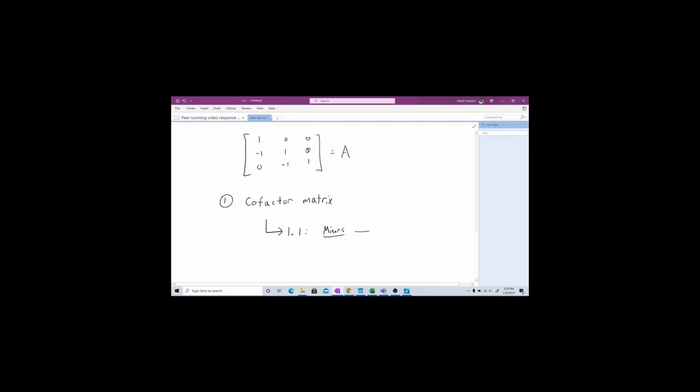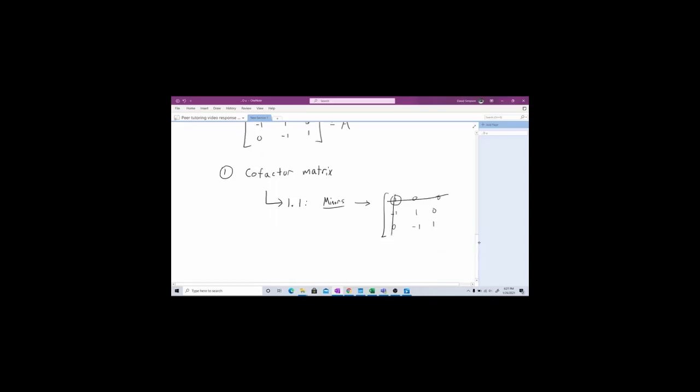so for each minor, what you do is each number in the original matrix has a certain position. So that 1 in the upper left is in the first row in the first column. So what we're going to do is cross out whatever row and whatever column it is, and then take the determinant of the rest of it.